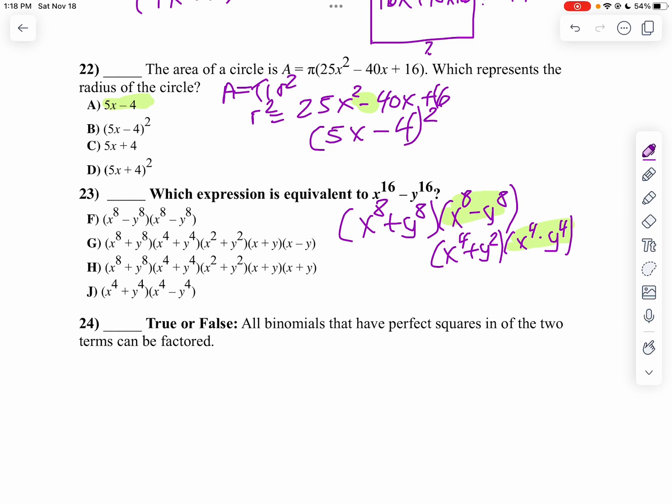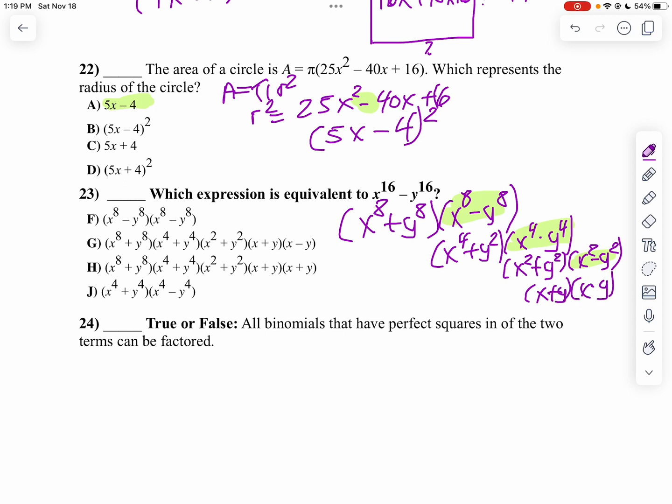I'm going to keep this going for quite a while, so I get x squared plus y squared times x squared minus y squared. And once again, difference of squares. So I get x plus y and x minus y.